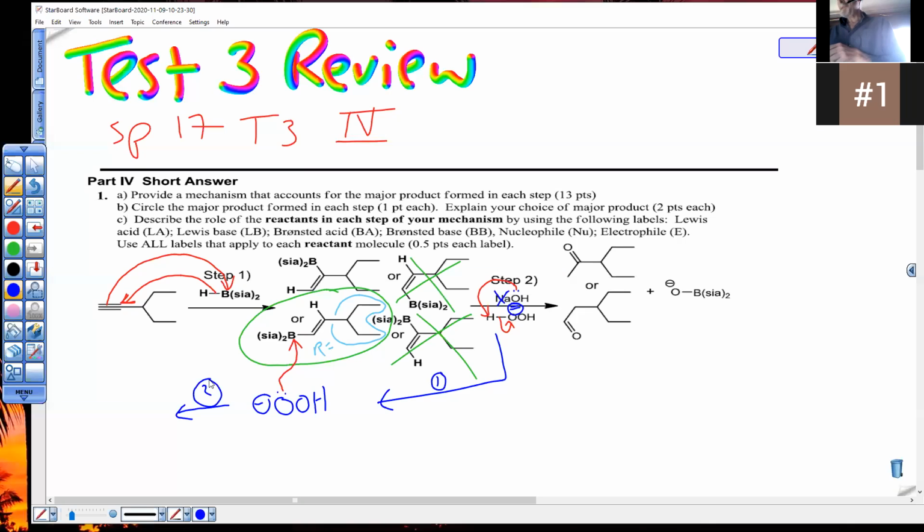If you're tired of writing that, you can write R prime instead. There you go. R, let's not put it in blue though. R prime twice. B has a bond to the alkene and then baby blue R.